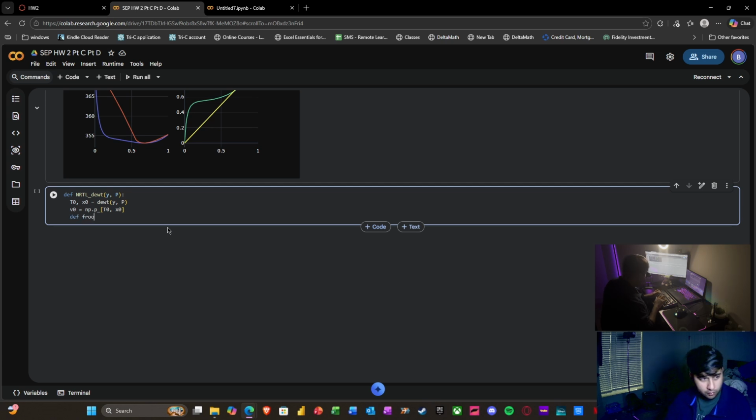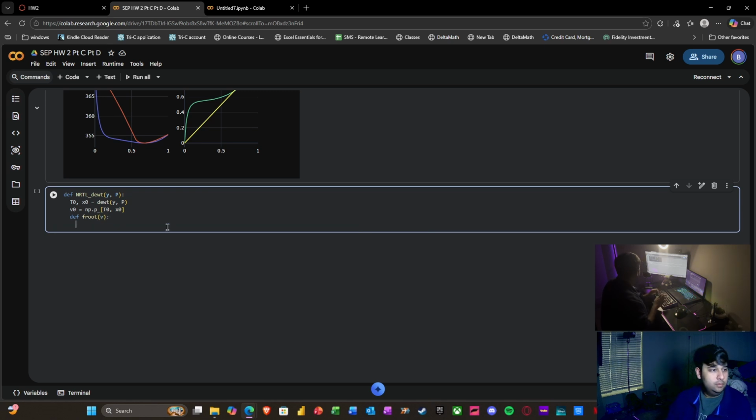Then we'll also have to define our f root so we can find our roots.